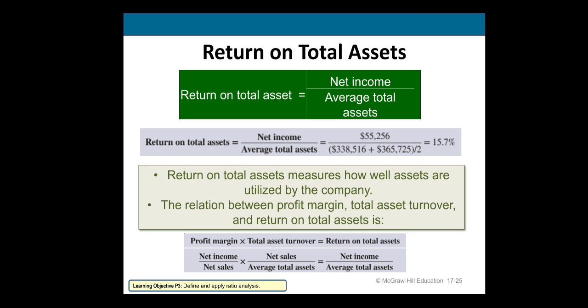Return on total asset measures how well assets are utilized by a business. The relation between profit margin, total asset turnover, and return on total asset is like the gray box at the bottom of this slide.